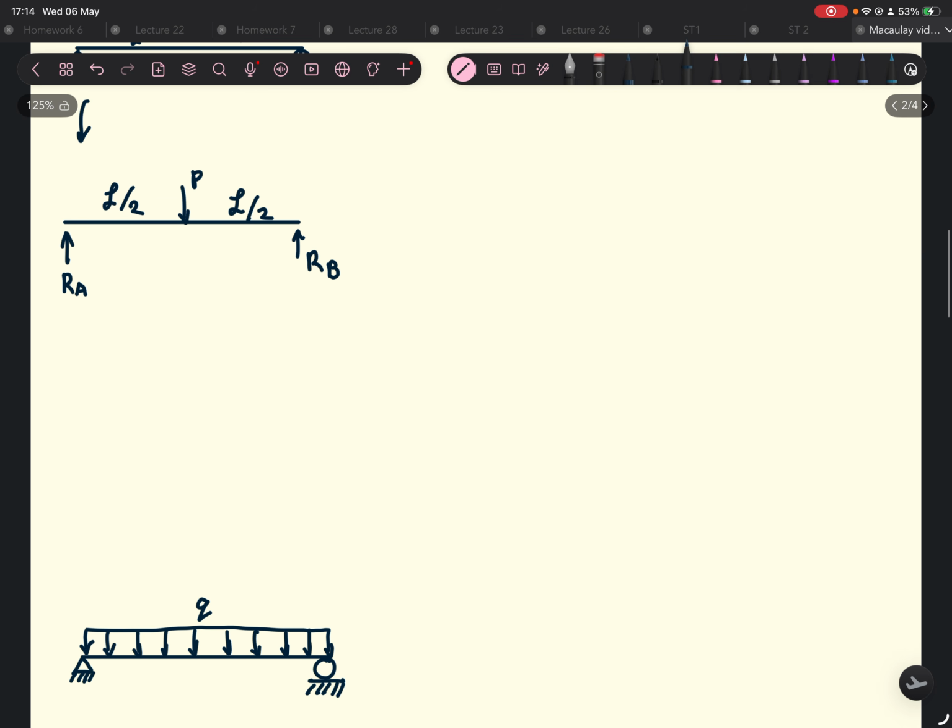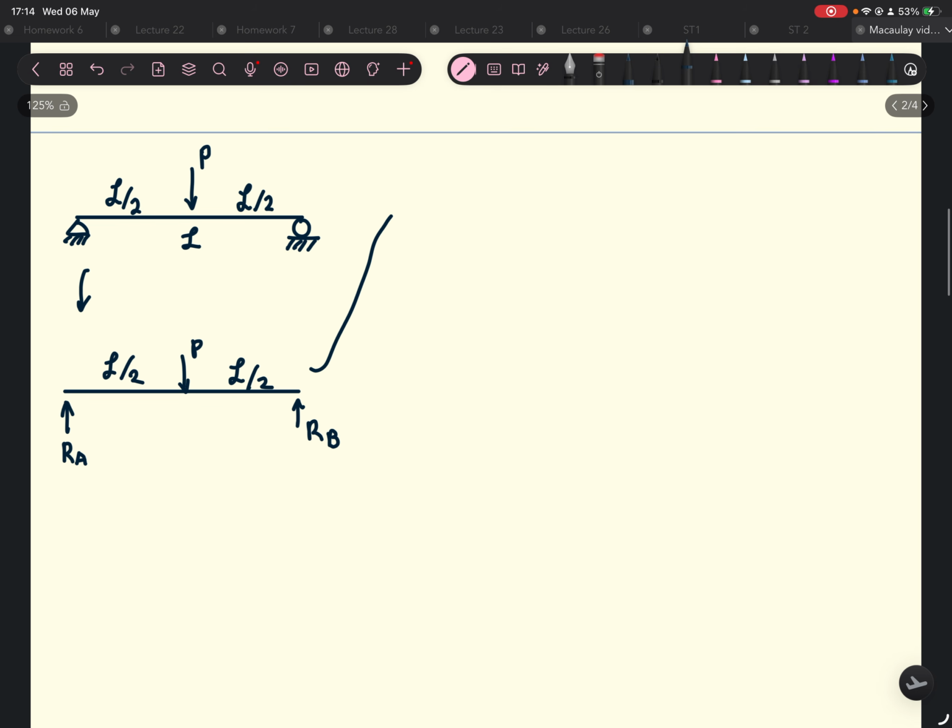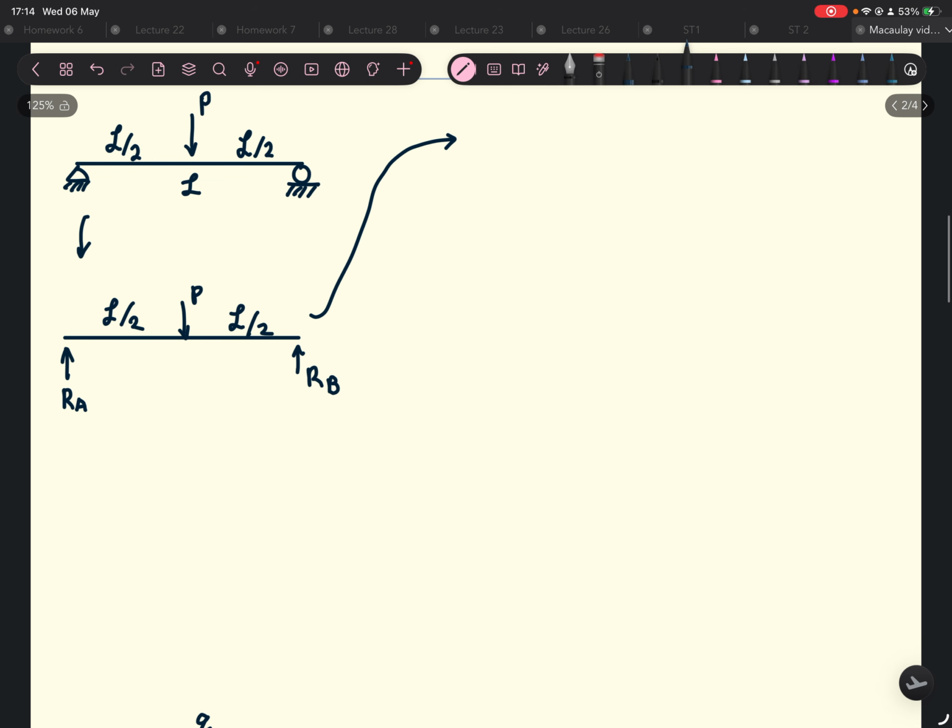Now, if we wanted to express the shear force in the beam, we can see that from this point up until just before P, the shear force is equal to RA.